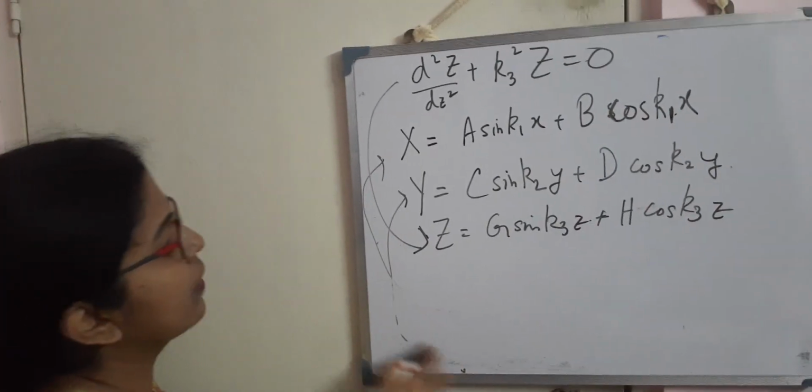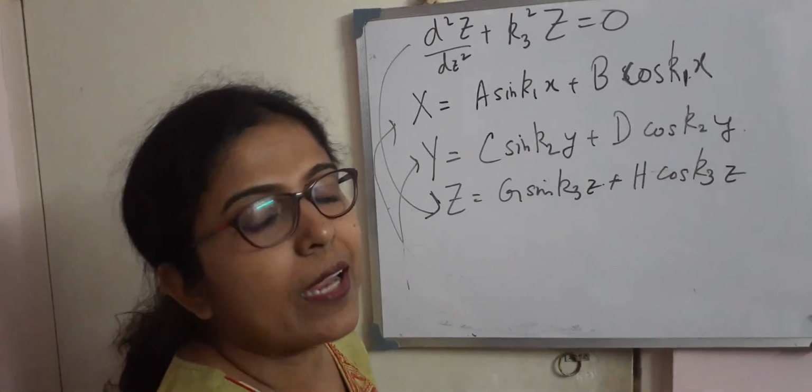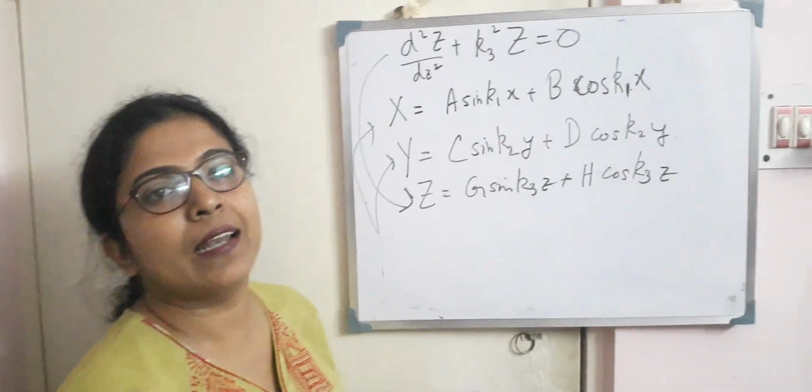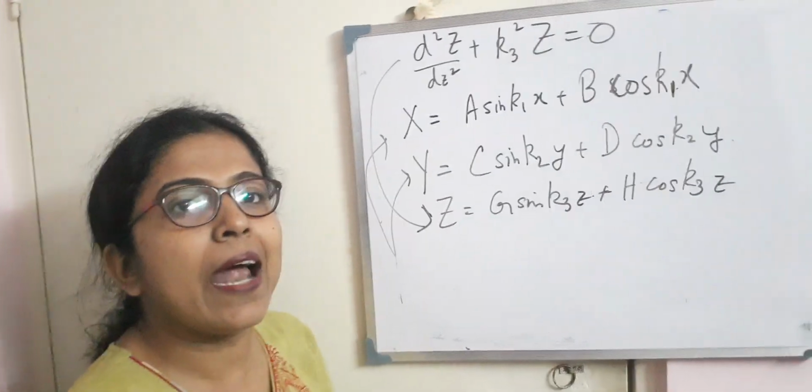So what will the boundary conditions here look like? Psi here is a function of x, y, and z, and we know it is 0 at the boundaries.